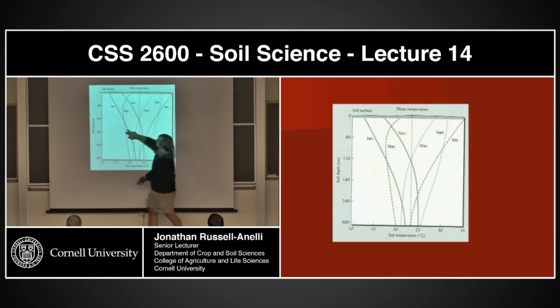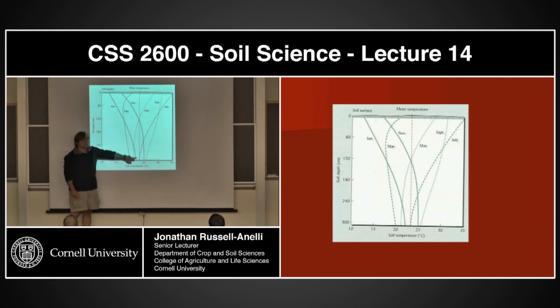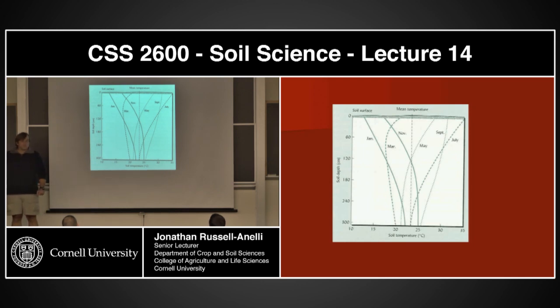September, November, right here, this line right here, we start seeing the top getting really cold, energy is being transferred from below to up, and so as a result, we start seeing this march back down, and we'll ultimately get right back to January. Does that make sense? We have heat moving downward when the surface is hot. We have heat moving upward when the surface is cold.